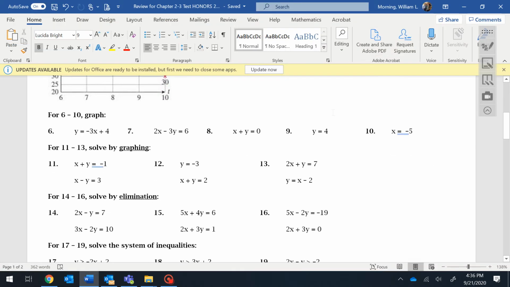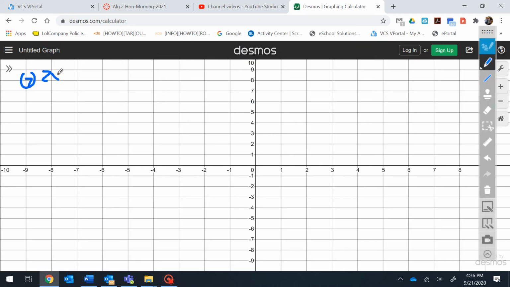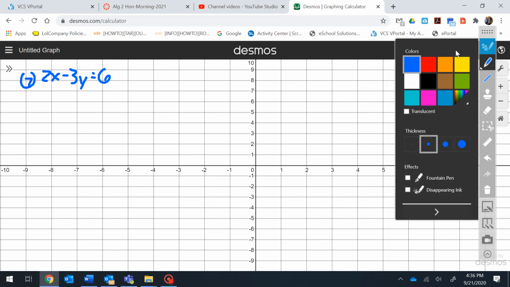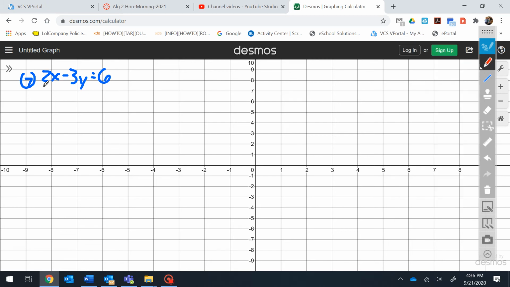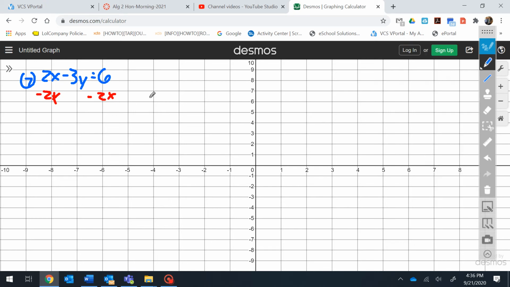Number 7, 2x minus 3y equals 6. So this one requires us to actually put it into slope-intercept form, which means subtracting the x and then dividing by the coefficient. So we do minus 2x to both sides, which will leave us with negative 3y equals negative 2x plus 6.